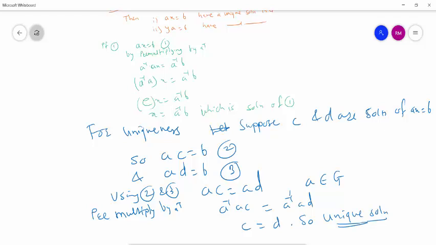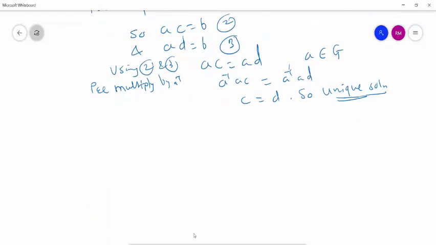This is just part one of the proof. Similarly, do the same for YA equal to B. That is good homework for you.